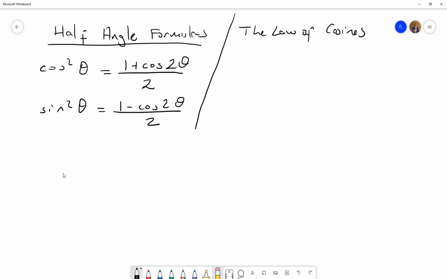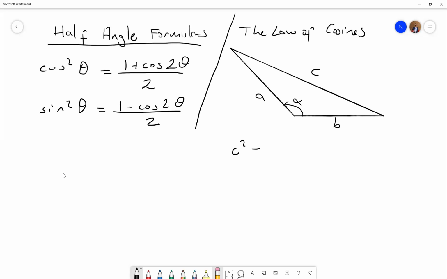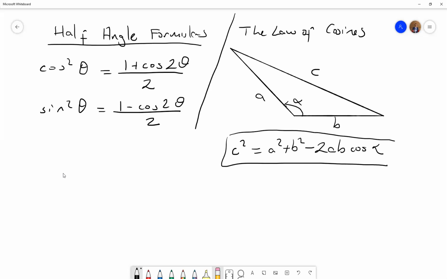We have a triangle like that, and we have an angle alpha here, and A, B, and C here. And finally, we have the law of cosine formula like that: C square is equal to A square plus B square minus 2AB cosine alpha. Yeah, this is the law of cosine.